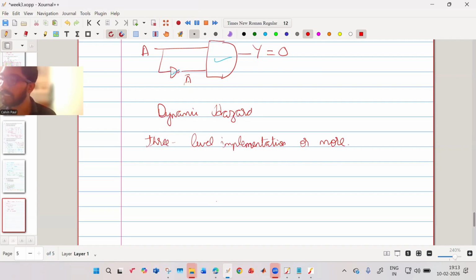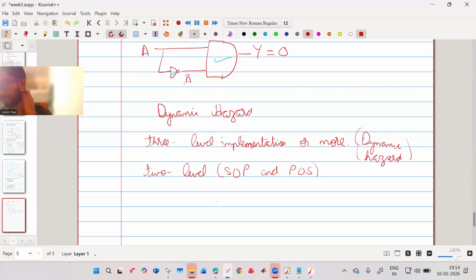Two-level case is what? When you have your SOP and POS, that is your two-level based implementation. But when you have a three-level implementation or more, then a dynamic hazard is possible.